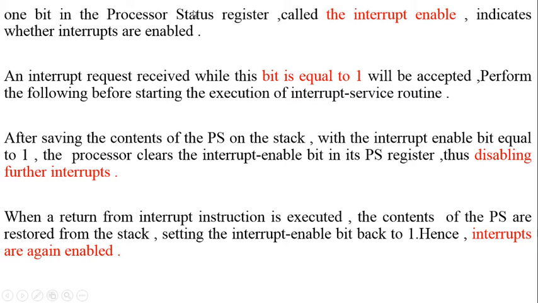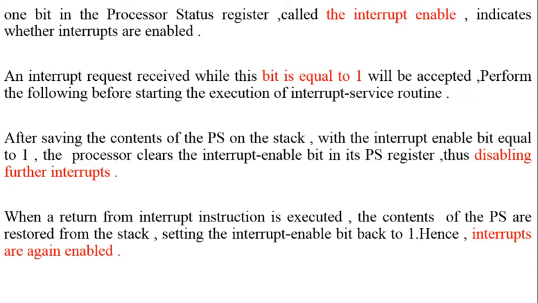One bit in the processor status register, called the interrupt enable bit, indicates whether interrupts are enabled. So for enabling and disabling of interrupts, the processor status register is associated with a special bit of information, called the interrupt enable bit.